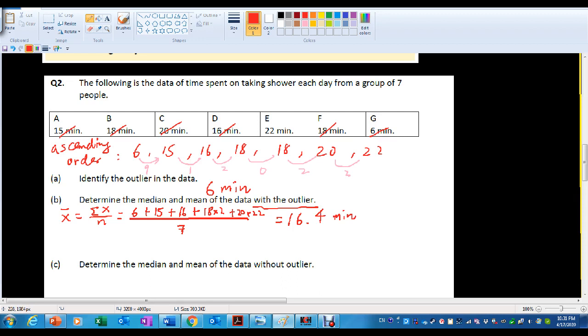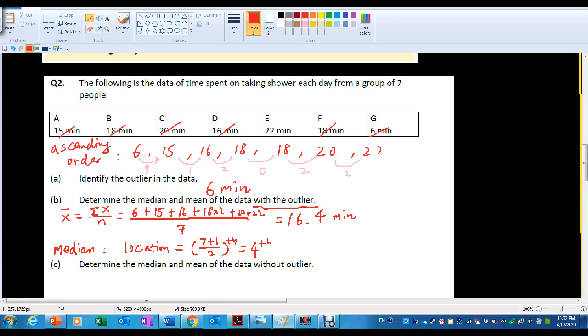Alright, so how about the median? For the median, you need to find the middle data, so you need to find the location first. Because there are 7 data, 7 plus 1 over 2 gives the location, not the data itself. So that's the 4th data. Remember, when the location is the fourth data, that doesn't mean the data is 4.